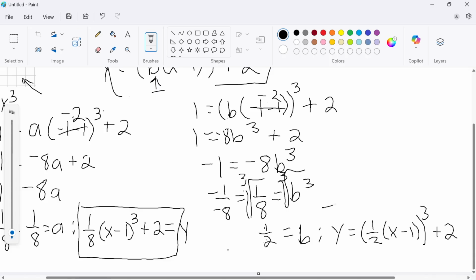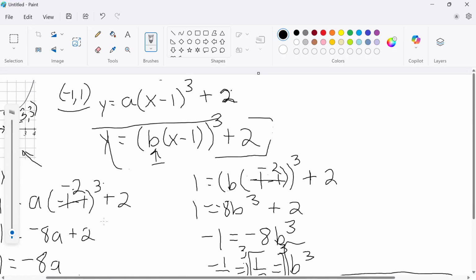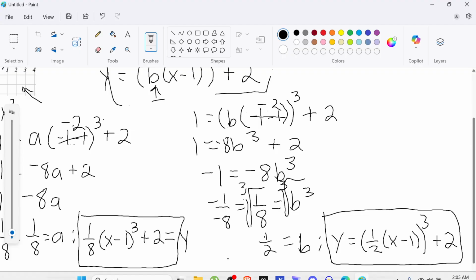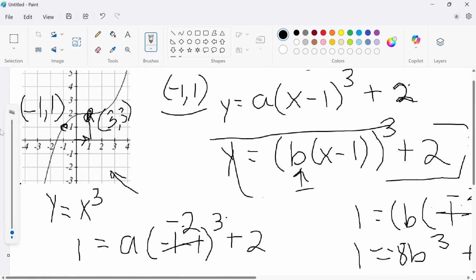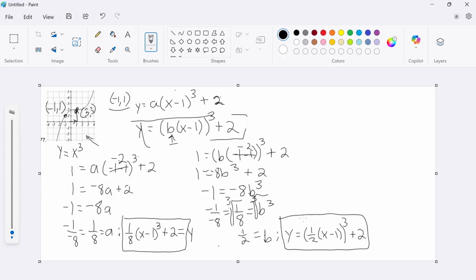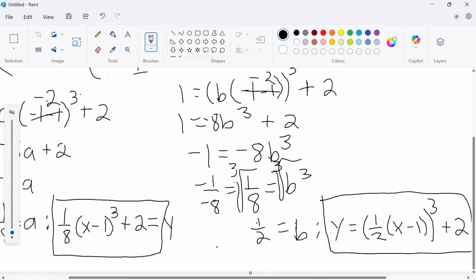So this would also be a correct equation for the graph shown in that image. Either one of these equations is correct. The first one expresses it as a vertical compression, 1/8 times x minus 1 cubed plus 2 equals y. The other version expresses it as a horizontal stretch, y equals 1/2 times x minus 1, that whole quantity cubed, plus 2. Either one of those is correct.